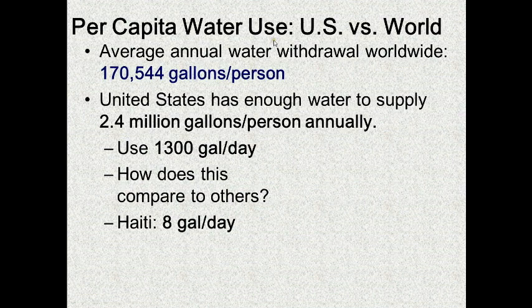Per capita water use, U.S. versus the world. On average, the annual water withdrawal worldwide is 170,544 gallons per person. The U.S. has enough water to supply 2.4 million gallons per person annually, which is well over the average worldwide.